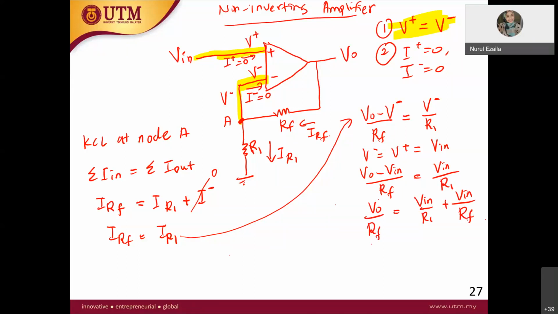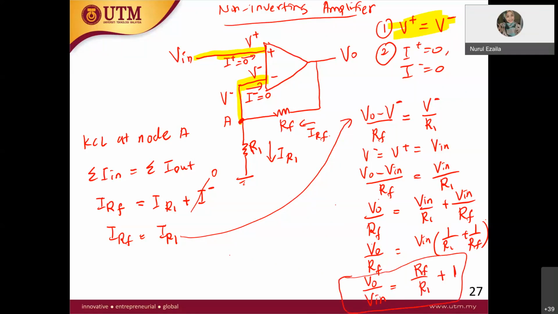So V out over RF is equal to V in times 1 over R1 plus 1 over RF. If I move RF over and V in below, you will get V out over V in is equal to RF over R1 plus RF over RF, which is 1. Therefore this is your derivation.